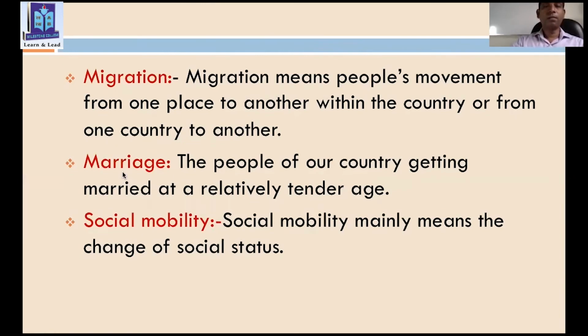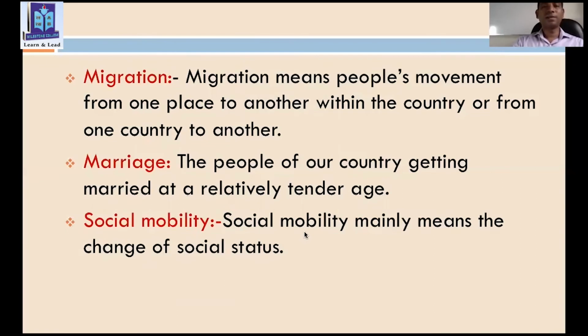Okay, here is marriage. The people of our country get married at a relatively tender age. Early age, they get married. That's why our population is higher. Okay. Social mobility. Social mobility mainly means the change of social status.